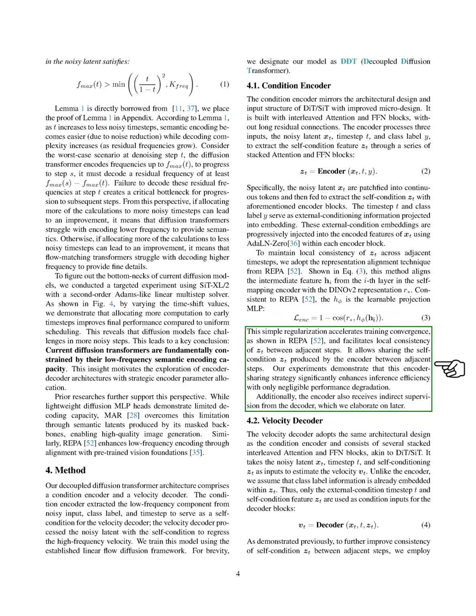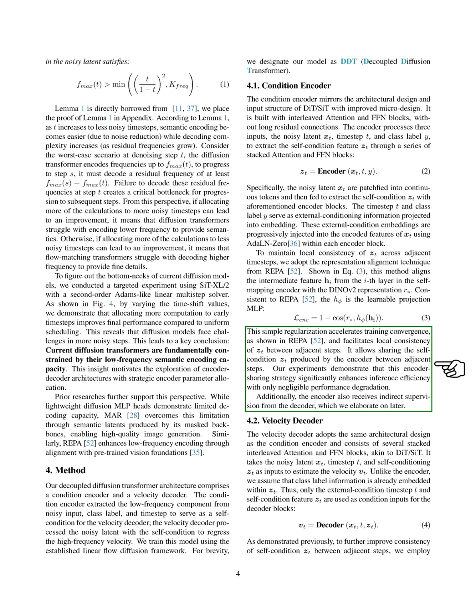Section: Velocity Decoder. In this section, we describe the velocity decoder, which shares the same architectural design as the condition encoder. It consists of multiple stacked interleaved attention and feed-forward network blocks, similar to DiT and SiT. The decoder takes the noisy latent representation, the current time step, and the self-conditioning feature as inputs to estimate the velocity.